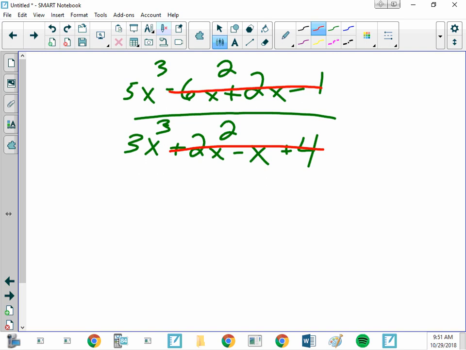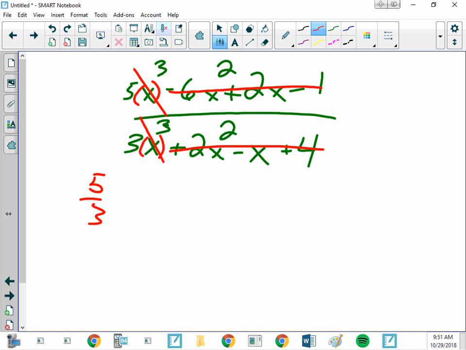What is 5x to the third divided by 3x to the third? Well, 5 times a huge number to the third divided by 3 times a huge number to the third, all of those huge numbers are going to cancel, right? So this cancels that, and I'm left with 5 over 3. Now, are we ever going to equal 5 over 3?